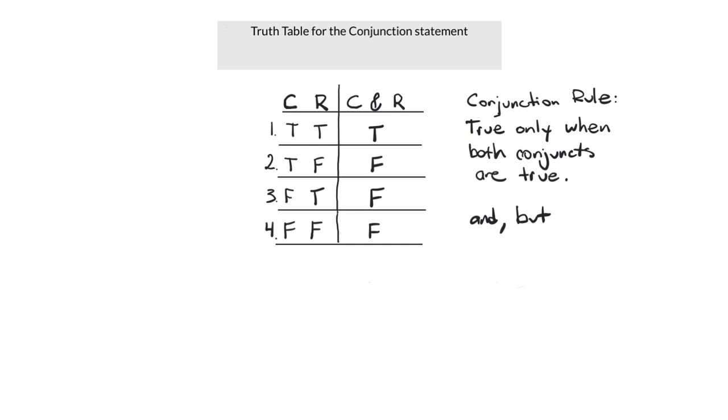But they're both logically the same as a conjunction. So when we translate, and is obviously a conjunction, but also look for the word but. Anytime where it's signifying that these two statements are being combined together, we're looking at a conjunction.